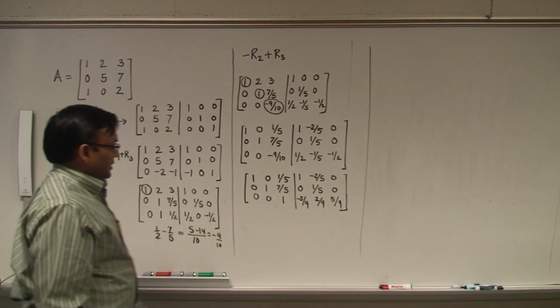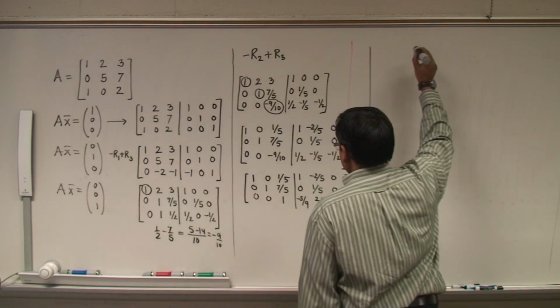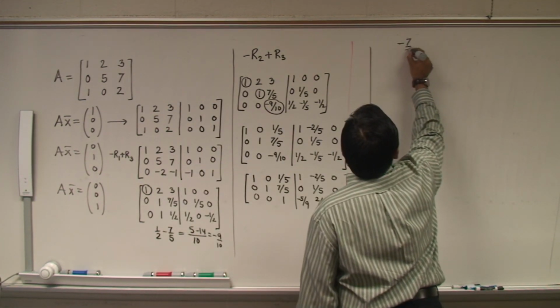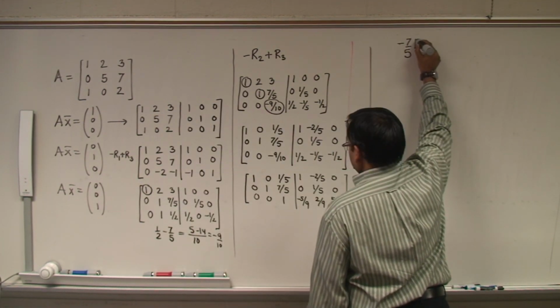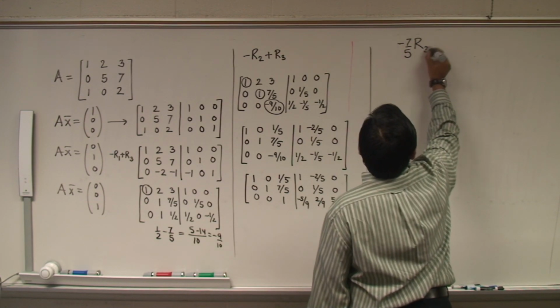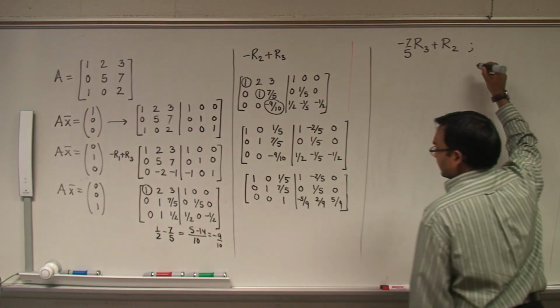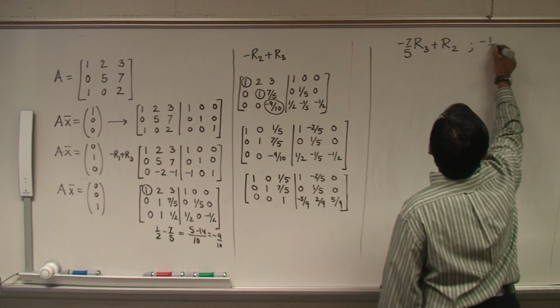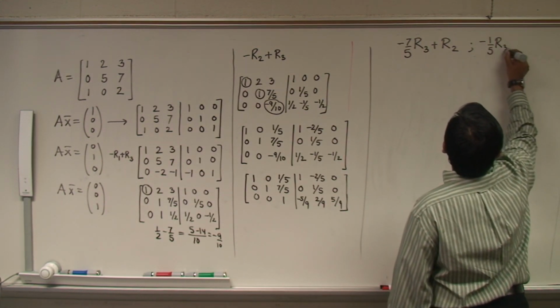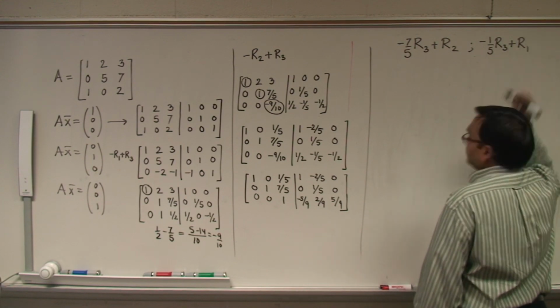So from here we'll do the following row operations: -7 fifth times row 3 added to row 2, and the other row operation we are going to do is -1 fifth times row 3 added to row 1.